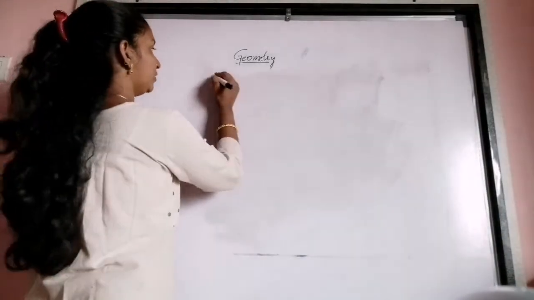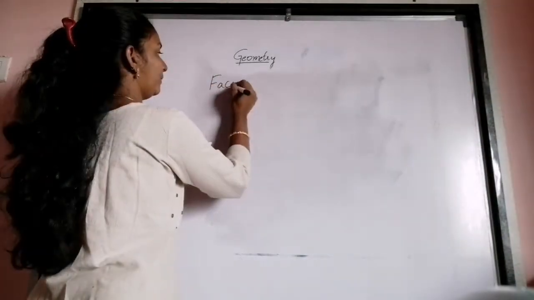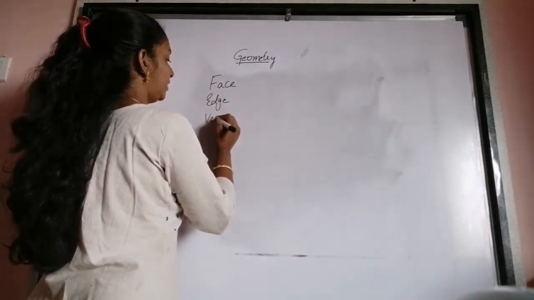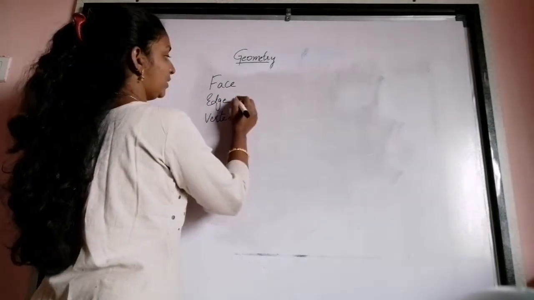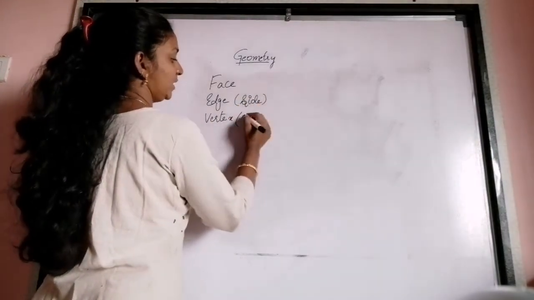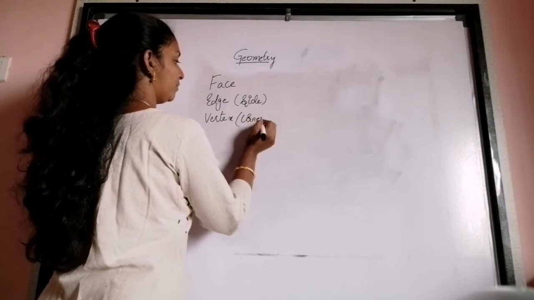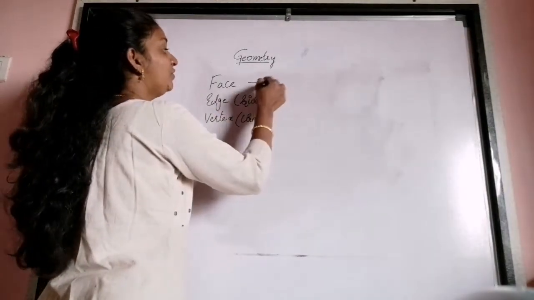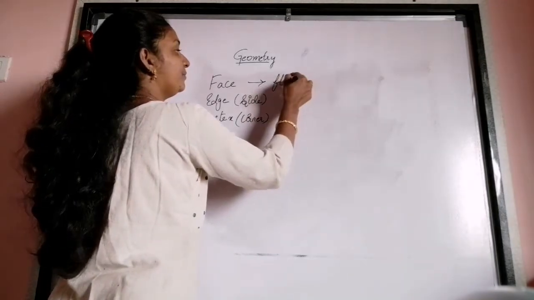Now let's learn about face, edge, vertex. Edge is also called side. Vertex is also called corner. Face is a flat surface.